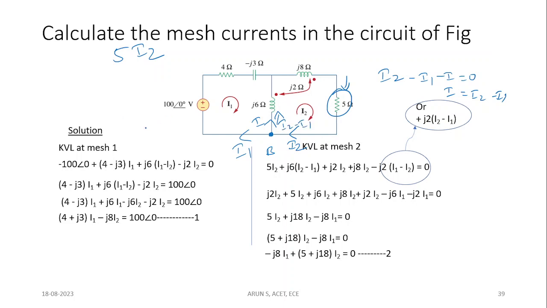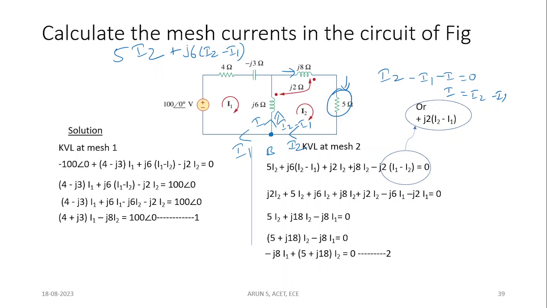I'll be writing the self-induced voltage, so plus J6 times (I2 minus I1). And there will be a mutually induced voltage due to the current I2 flowing through this J8. Because it is a coil, if the current is flowing through the coil, it is going to induce a mutual voltage in the nearby coil.